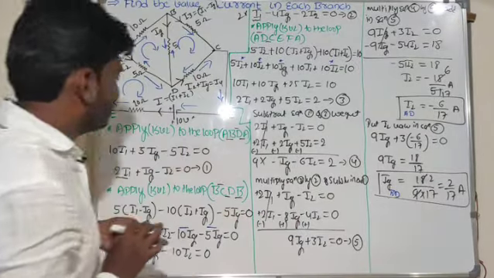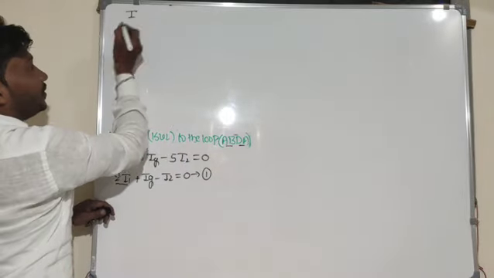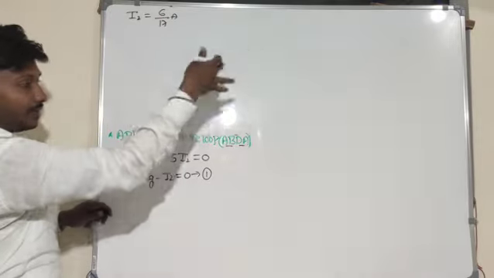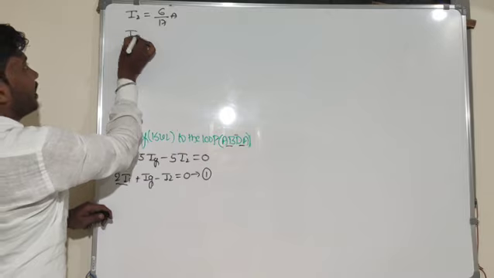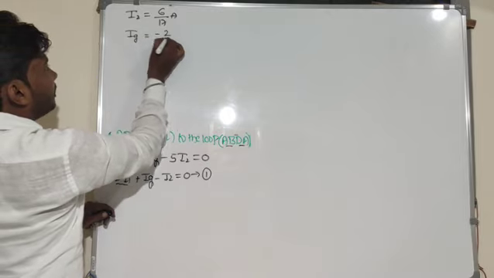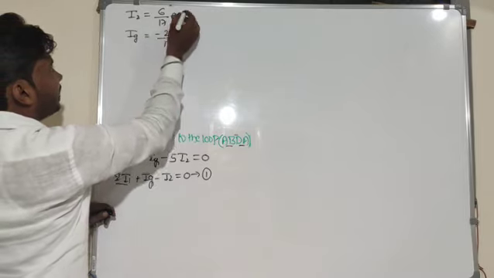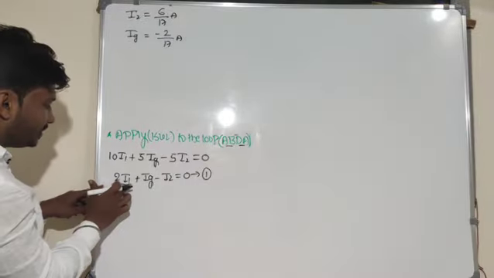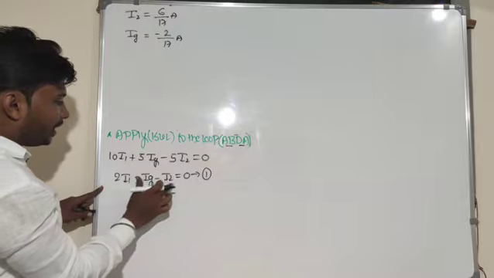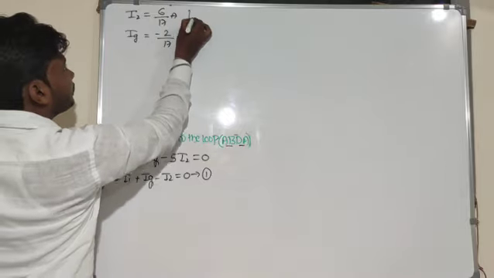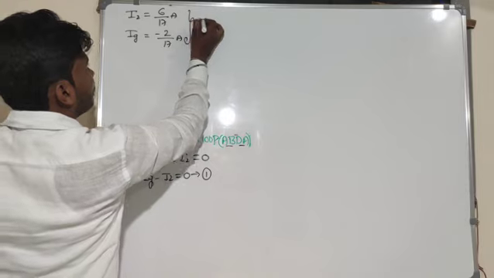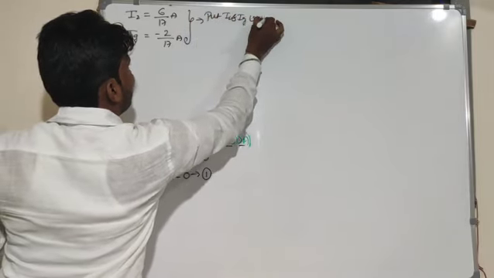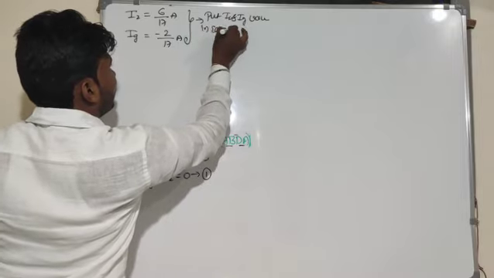What's that I2 value? 6 by 17 ampere. Ig value you got is minus 2 by 17 ampere. So in equation 1 I will fill that Ig value and I2 value. Put I2 and Ig value in equation 1.